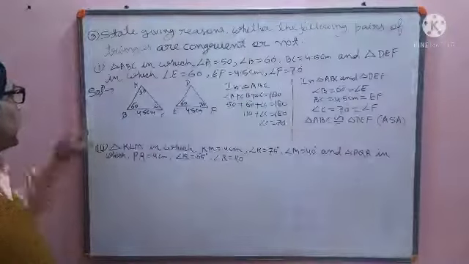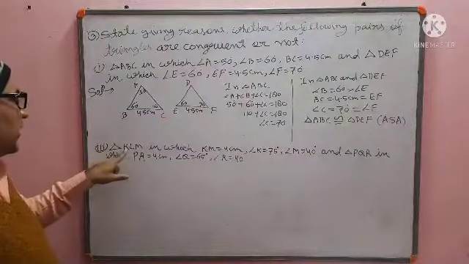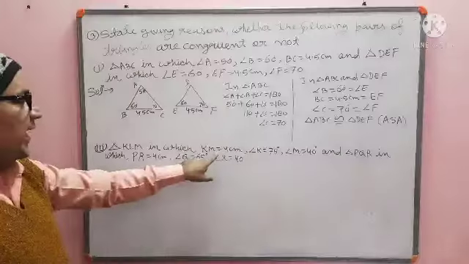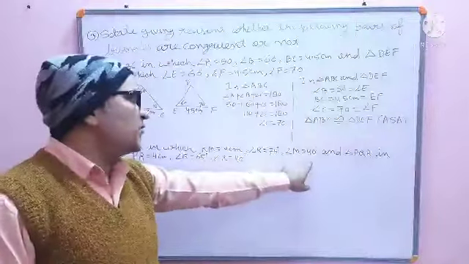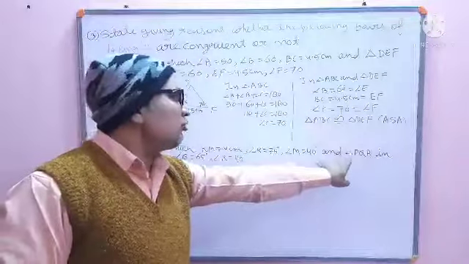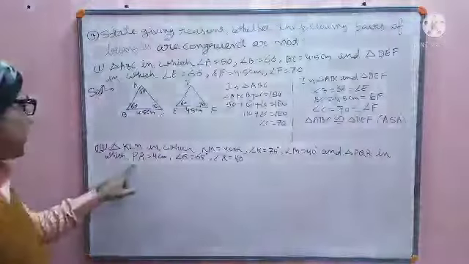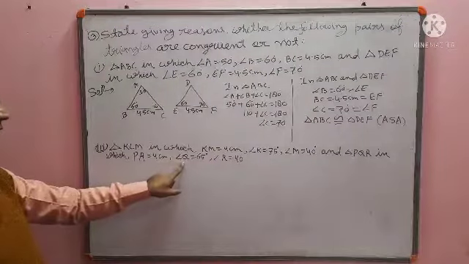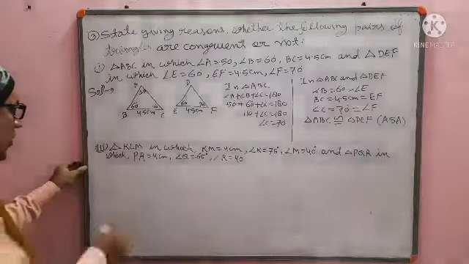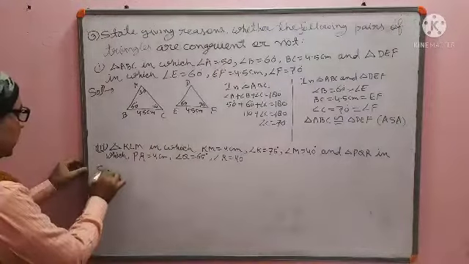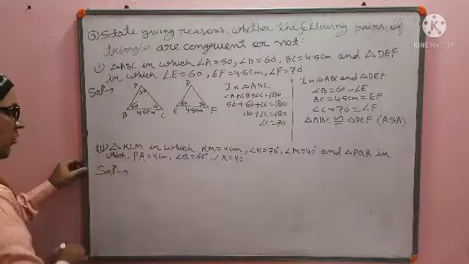This is part 3 in question number 3. Triangle KLM in which KM is 4 centimeters, angle K is 75 degrees, angle M is 40 degrees. And triangle PQR in which PR is 4 centimeters, angle Q is 65 degrees and angle R is 40 degrees. So how will we check whether these two triangles are congruent or not?